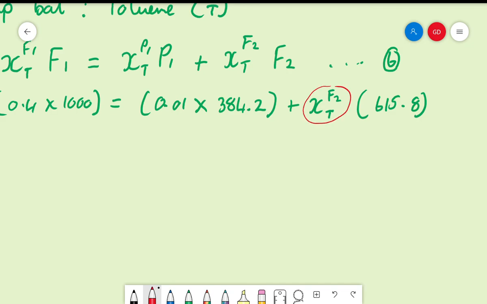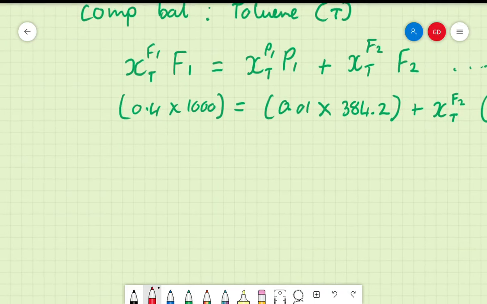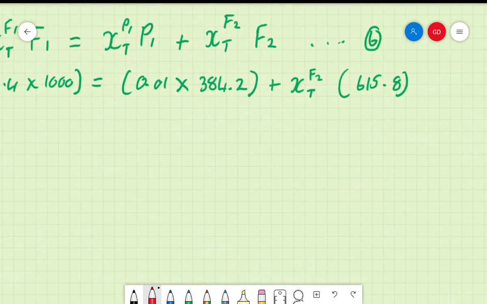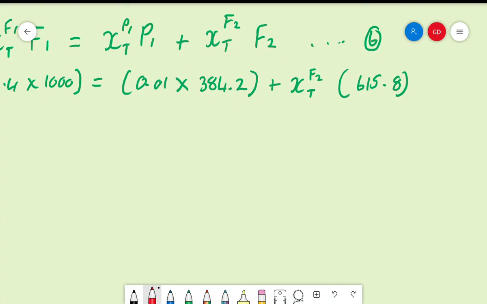So now the composition of toluene in F2 becomes 0.643.